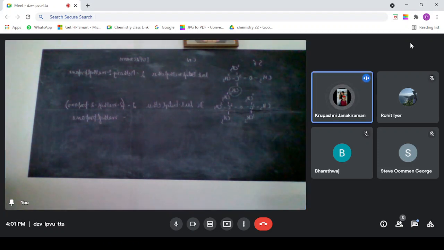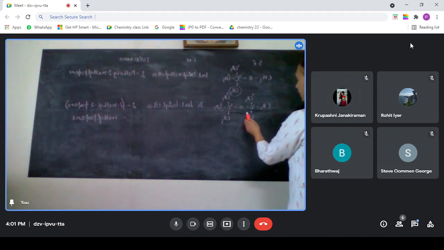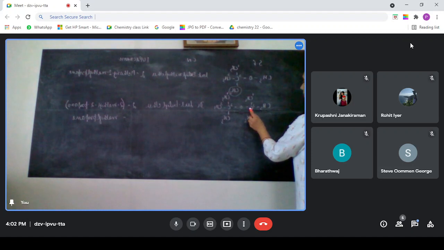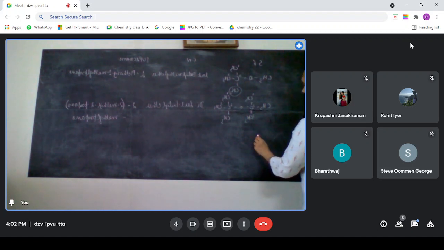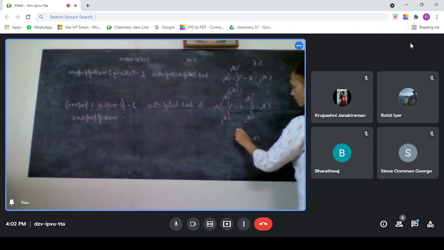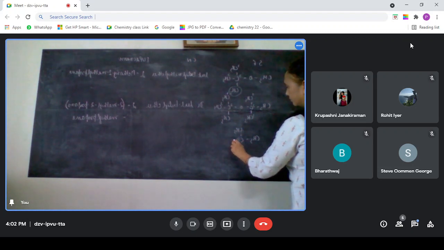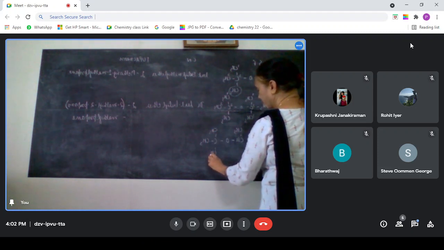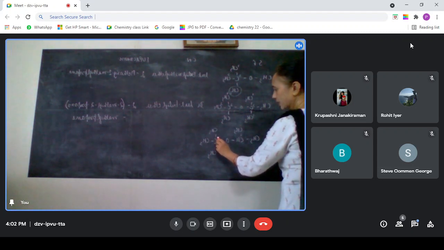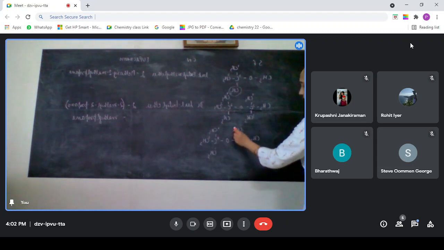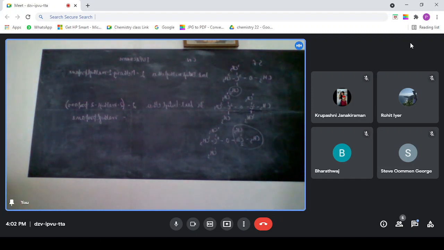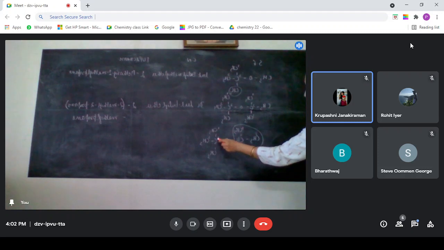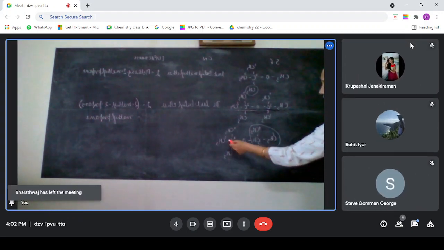Okay. Auntie, it's confusing. Auntie, can you explain again? This is a little confusing only. See, if it was like this, Krupa, then this will be 2-propoxy, correct? 2 bracket 2-propoxy methyl propane.